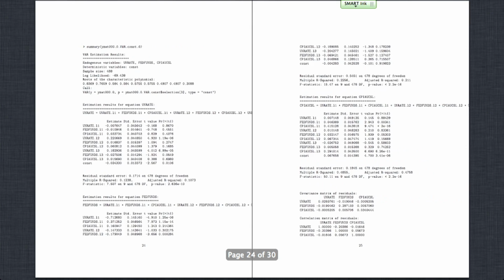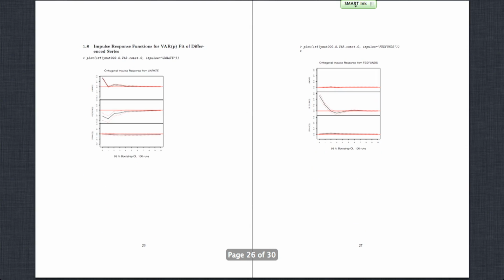At the end of this note, there are some impulse response functions graphed, which look at what is the impact of an innovation in one of the components of the multivariate time series.